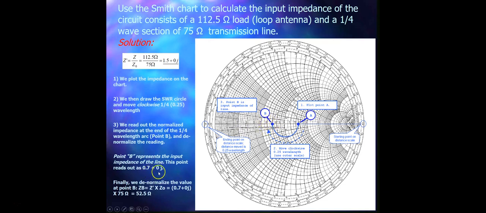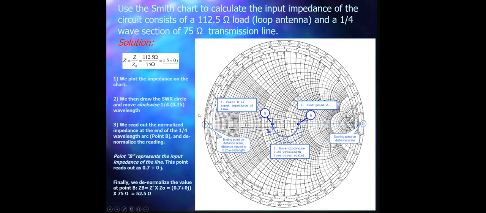Now we want to denormalize this value, which we can do by multiplying it by the characteristic impedance. When you multiply by the characteristic impedance, you will get 52.5 ohm. So this is how you calculate the input impedance on a Smith chart.